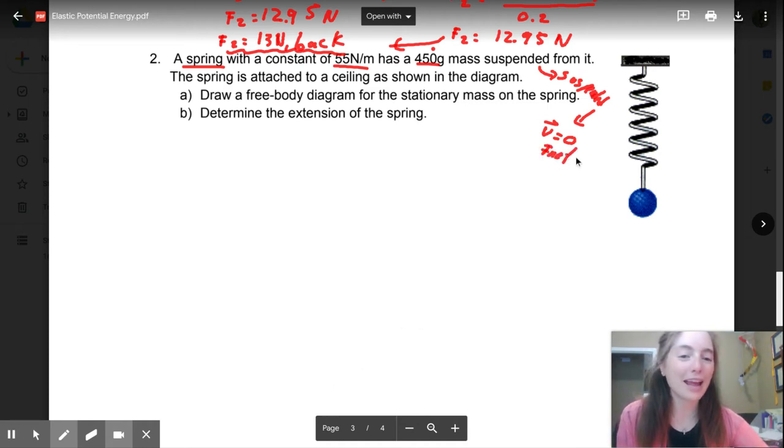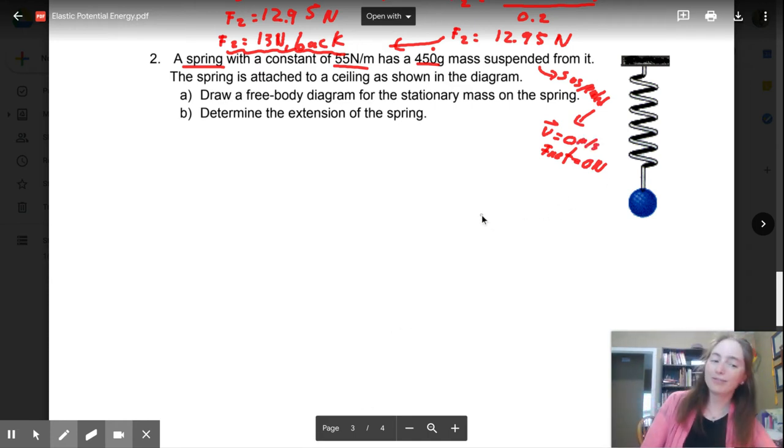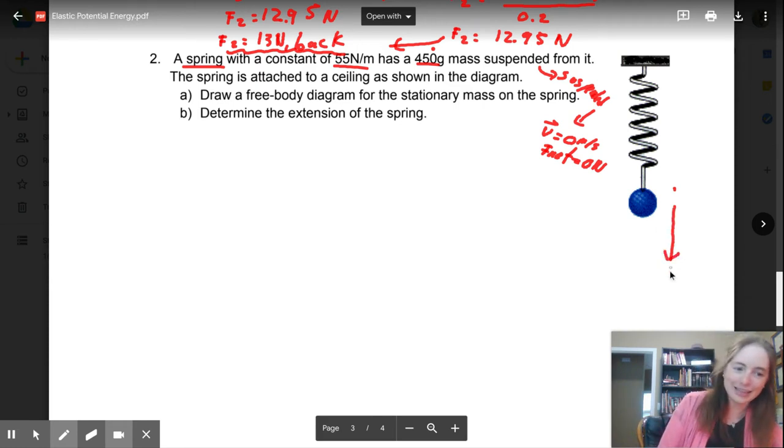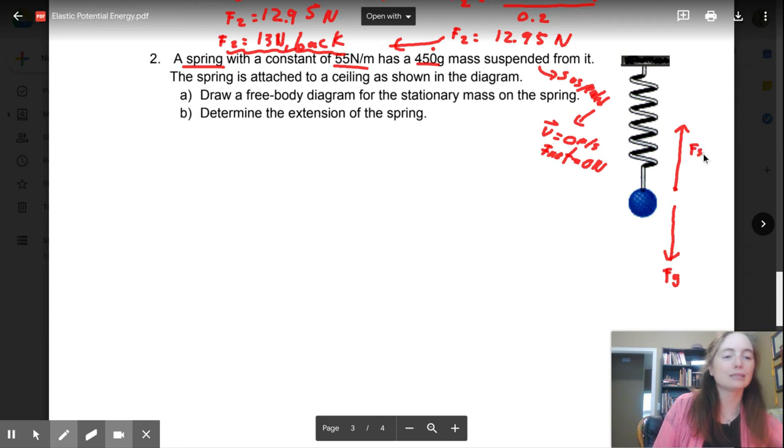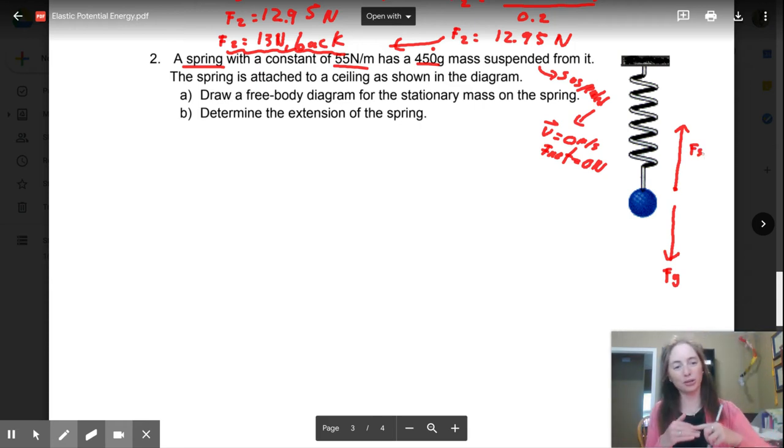It means we have an F net of 0 as well. So if we've got no speed, that means we've got no net force. Okay, so what that means is the force of gravity, which is pulling this thing down, is going to be equal to the force of the spring that's pulling it up. Balanced forces.